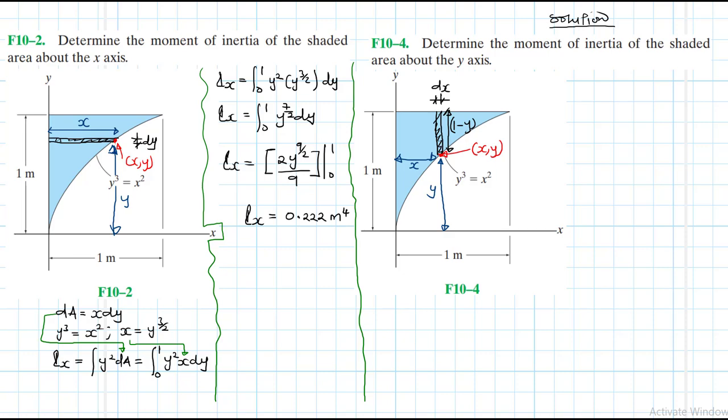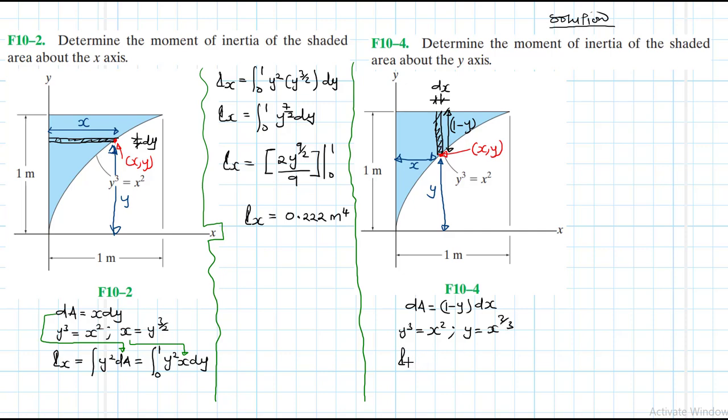So our dA becomes equal to 1 minus y dx, and then we have the function y cubed is equal to x squared, making y subject of the formula, y will be equal to x to the power 2/3.